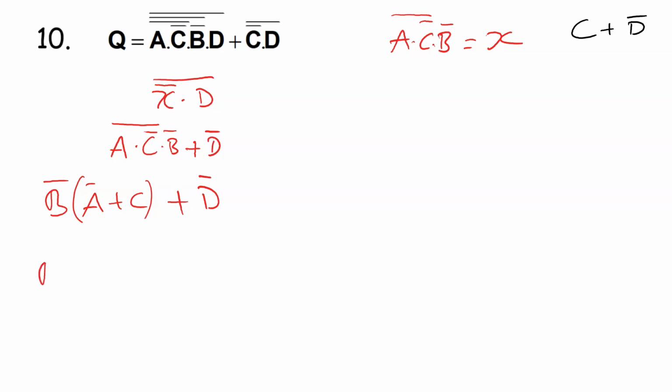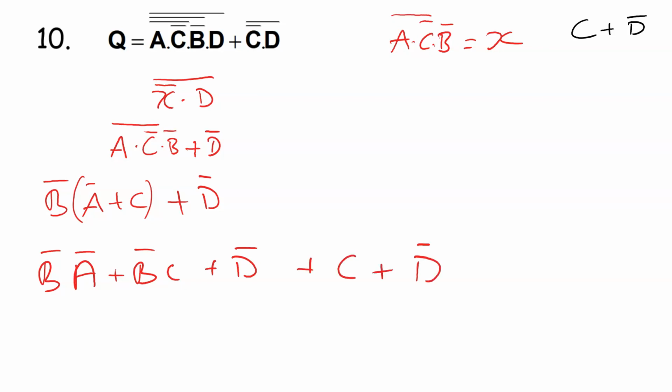Let's multiply out. Let's expand that. Not D. Do you know what? I'm going to stick this C or not D back in at the end, because we're now in a sort of sensible state. Well, I've got not D or not D, so I can just get rid of one of those not D's. Because obviously not D or not D equals not D, so we'll just get rid of that.